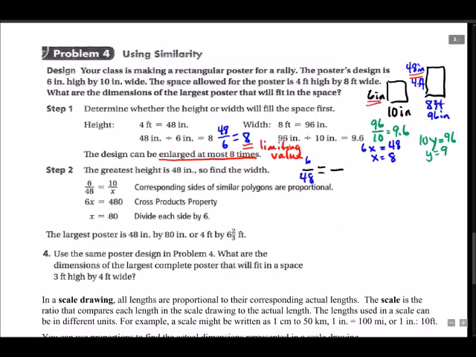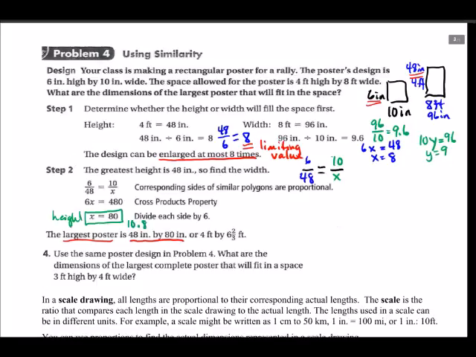And then we say, well, 10, that's not a 10. We know that 10 needs to turn into some value. So we simply cross multiply, and we get that the width is going to be 80 inches. Right? And that should not be a surprise because 10 times 8 is 80. So the largest poster that we can make is 48 by 80 inches.